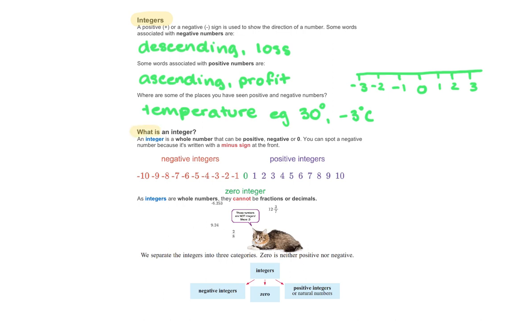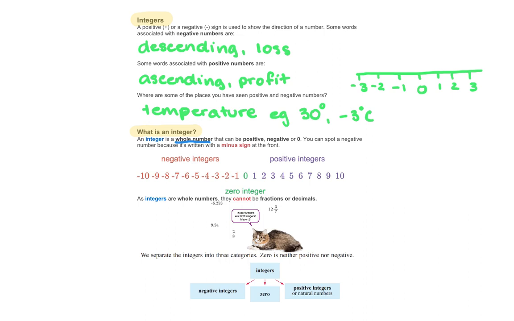Okay, so let's talk about what is an integer. So an integer is a whole number that can be positive or negative or 0. And like we said, a negative number is going to have a negative sign, a minus sign at the front.